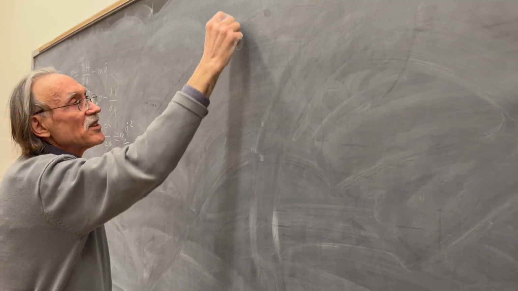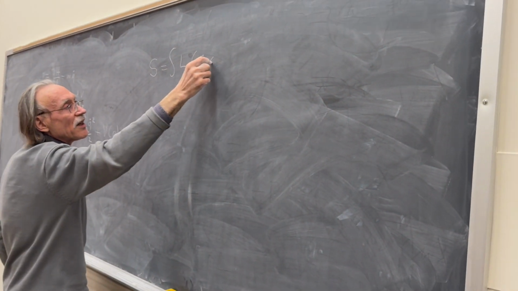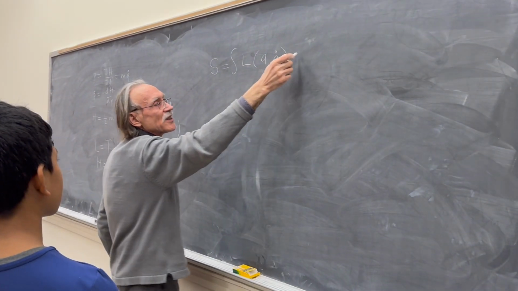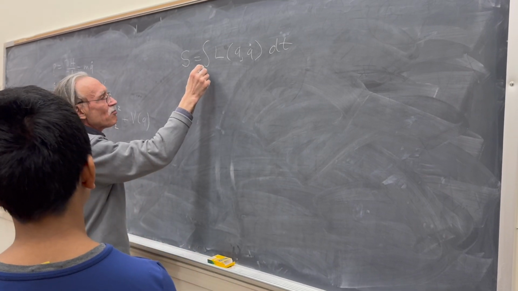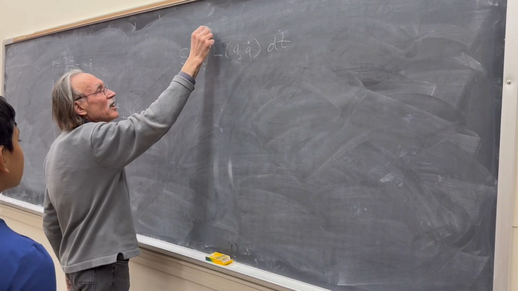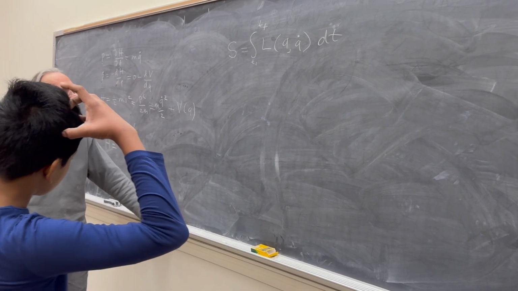You define the action. The action is the integral of L, a function of q and q dot, times dt, and you integrate between some initial time. It doesn't matter at this moment where you integrate.